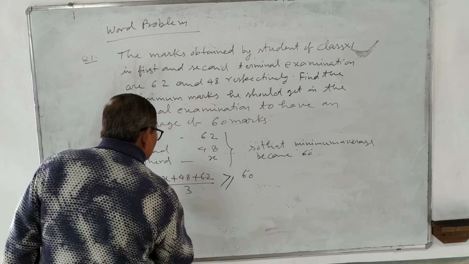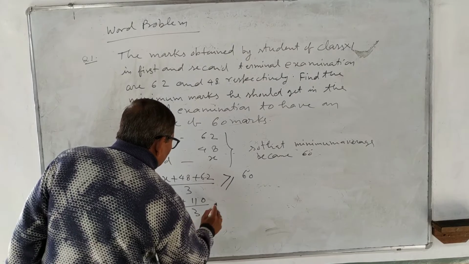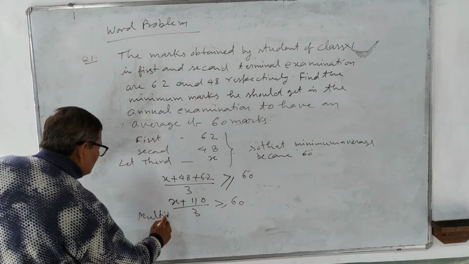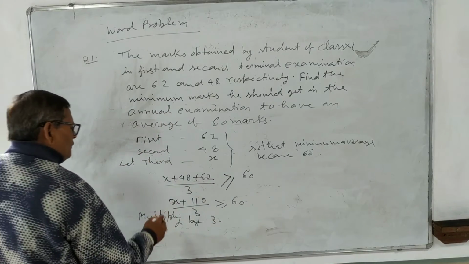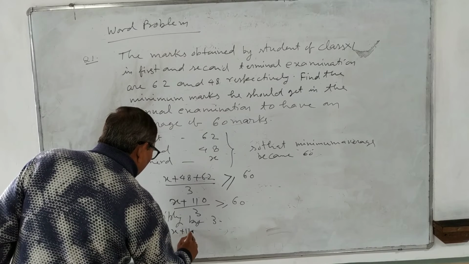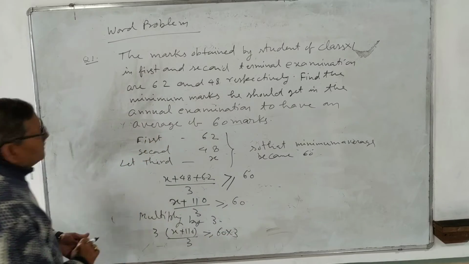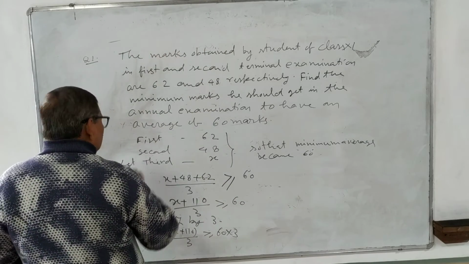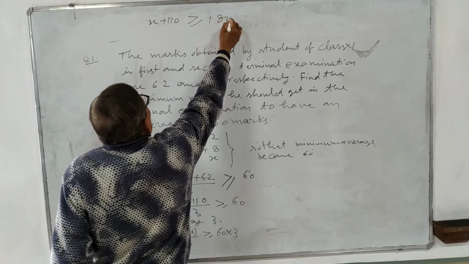So now you solve this inequality. (x + 110)/3 is greater than or equal to 60. Multiply by 3. It is a positive number, so the inequality does not change. So x + 110 is greater than or equal to 180.